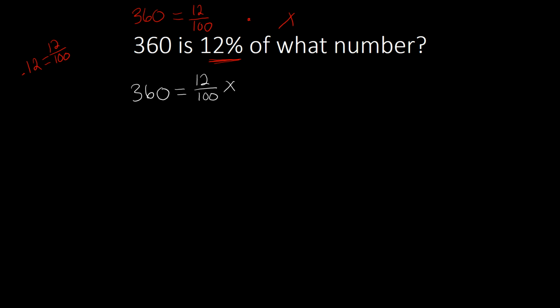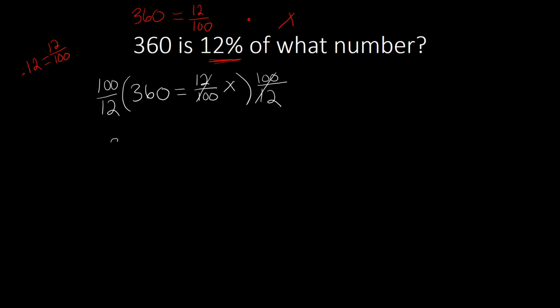Okay, now I've got a fraction multiplied by a variable, so to cancel that I need to take the reciprocal of that fraction, which is 100 over 12, and I multiply both sides by that. So that goes away and that goes away. Again, 1200 over 1200 is 1. That's what you need for canceling.